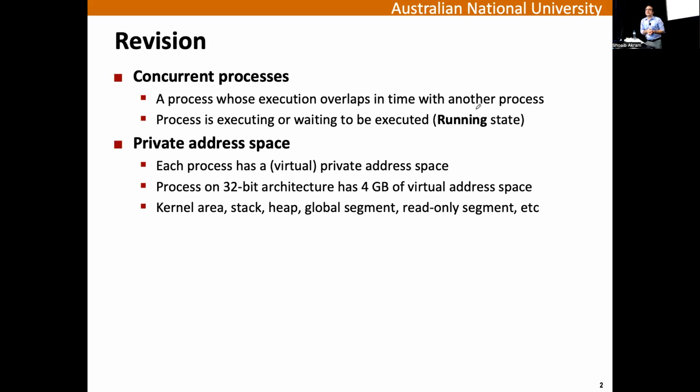So each process has the illusion that it has all of these segments, all of these areas in its private 4 GB address space. Under the hood, multiple processes have to share 4 GB physical memory, and somehow the operating system creates the illusion.